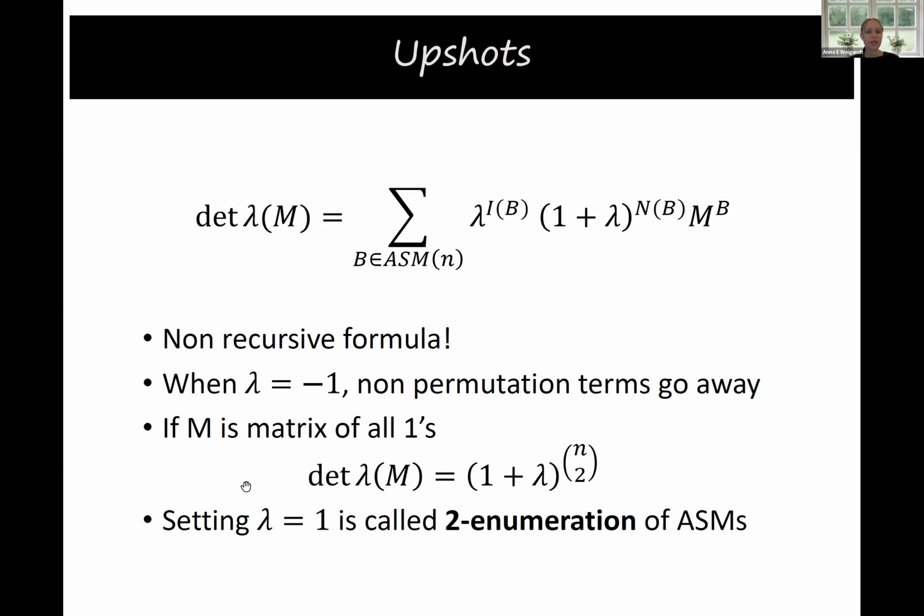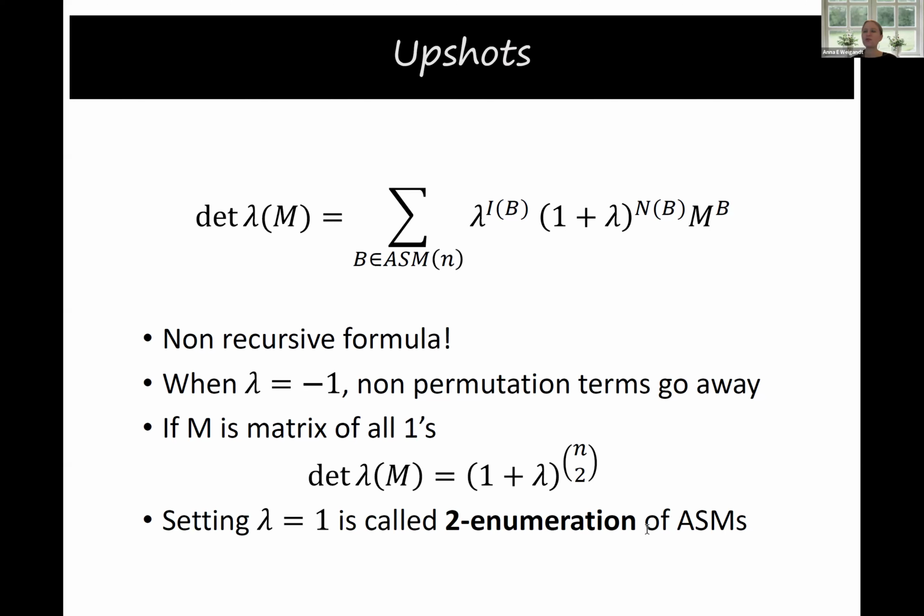Okay. If you have a matrix of all ones, there's a really nice formula for the lambda determinant that Robbins and Rumsey found. You simply take 1 plus lambda and raise it to the n choose 2 power. And something that people have gotten a lot of traction out of studying is the specific case when lambda equals 1, which gives a combinatorial interpretation of what is called the 2-enumeration of ASMs.